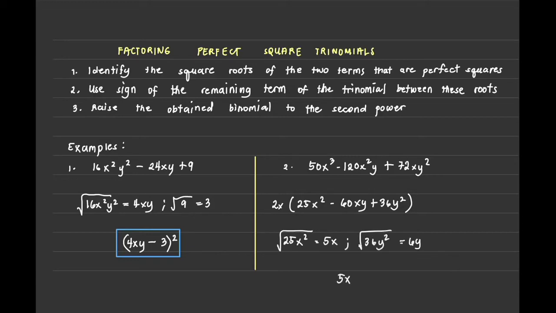So we have. Use the sign of the remaining term between the roots. Raise the obtained binomial to the second power, and we have. Since this is just the factored form of the PST, we still need to write 2x as part of the factors, and this will be our final answer.